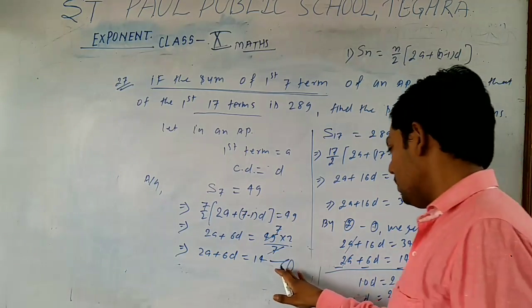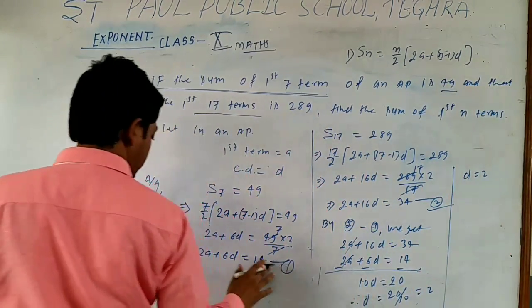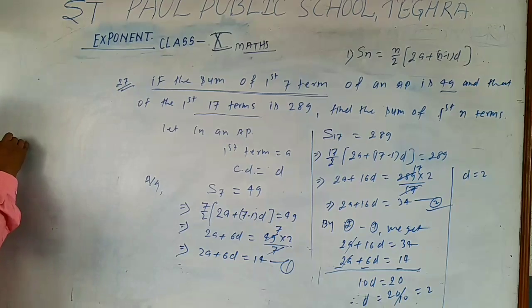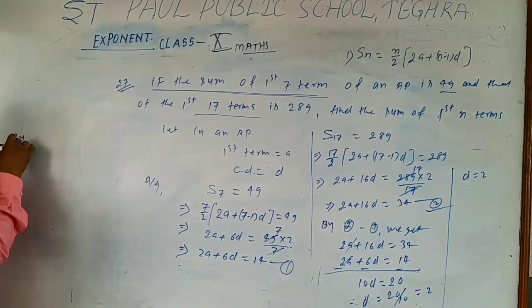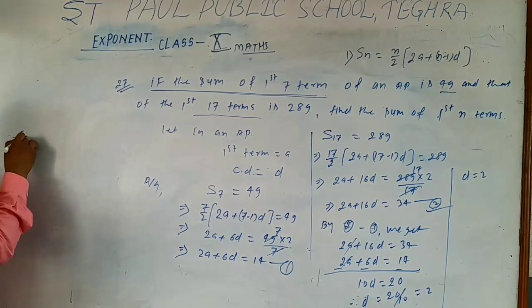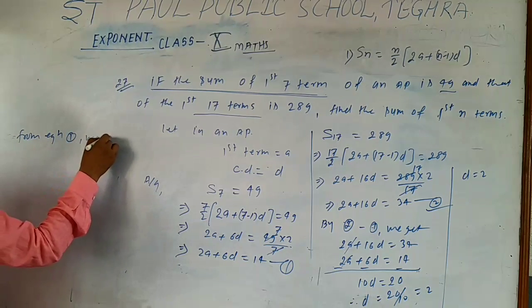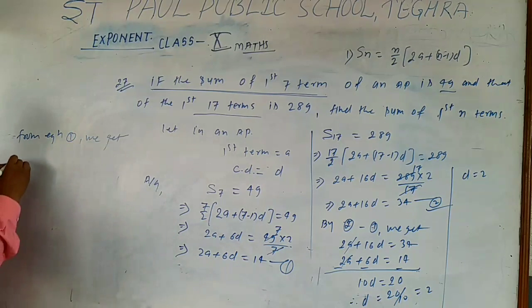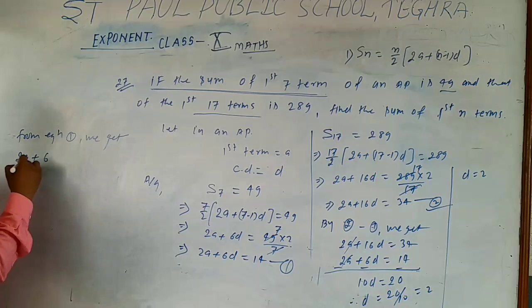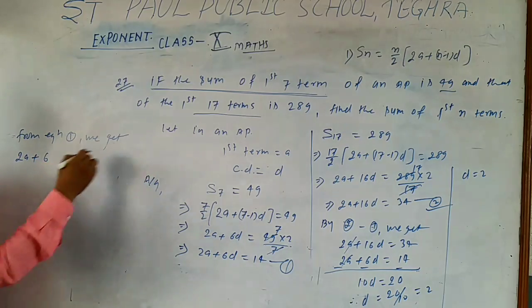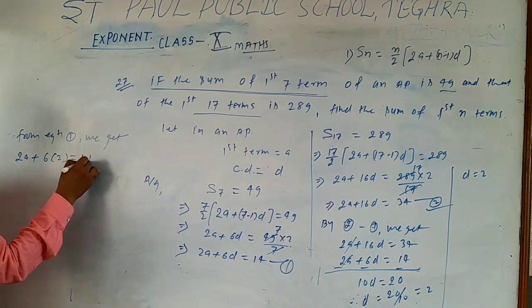We put the value of common difference in equation 1. From equation 1 we have twice a plus 6 into d. What is the value of d? That is 2, equal to 14.